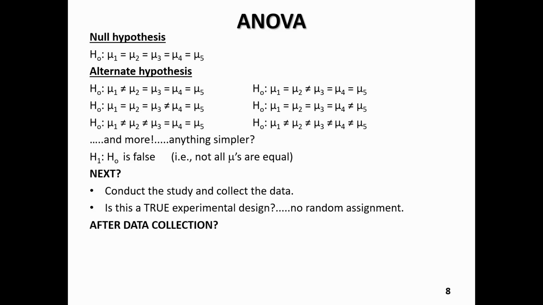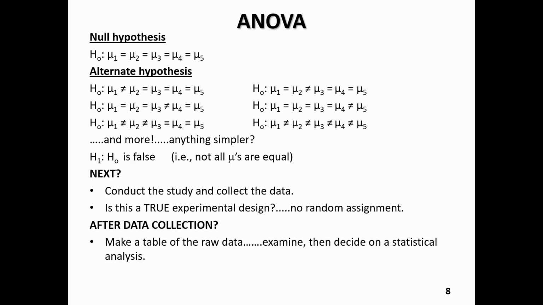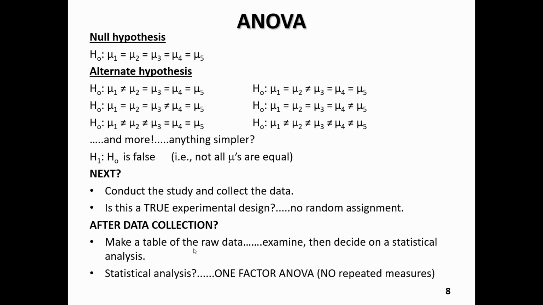Once we collect the data, and we'll see some fictional data here on slide number 9, the next step is to make that table of the raw data. And then we make a decision on the statistical analysis. This particular statistical analysis will be a one factor. There's only one factor in this study, and that's the type of business.